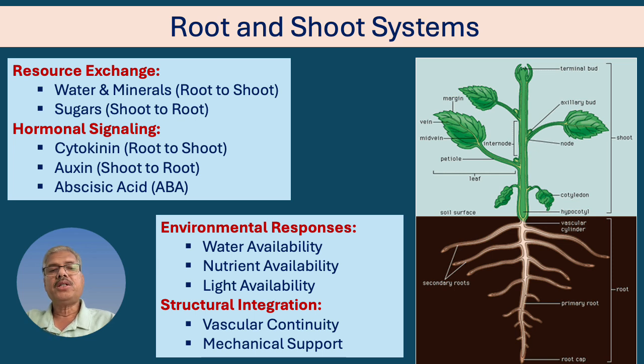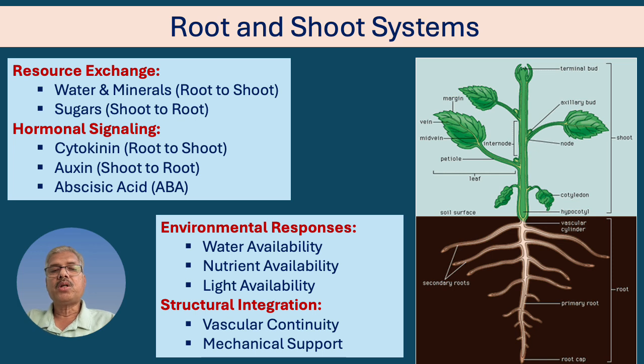These essential resources are then transported upwards through the xylem tissue in the stem to the leaves, where they are used in photosynthesis and other metabolic processes. The shoot system, primarily through the leaves, produces sugars by photosynthesis. These sugars are transported downwards through the phloem tissue in the stem to the root system, providing energy for root growth, maintenance, and storage.